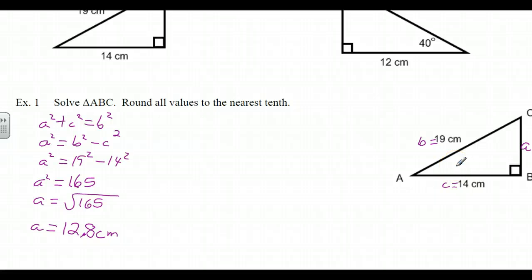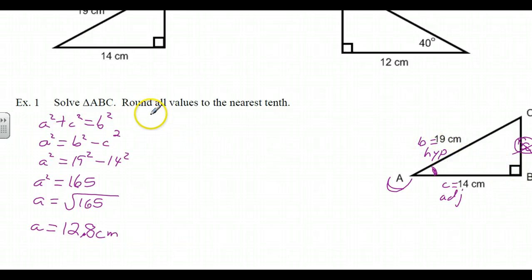Okay, let's say that I want to find angle A. Now, it's best that we don't use a calculated value, right? So we're not going to use this. So we're going to stick with B and C in relation to angle A. This is adjacent, and this is, well, regardless of angle A, this is just the hypotenuse.